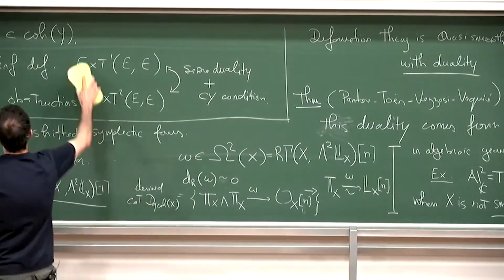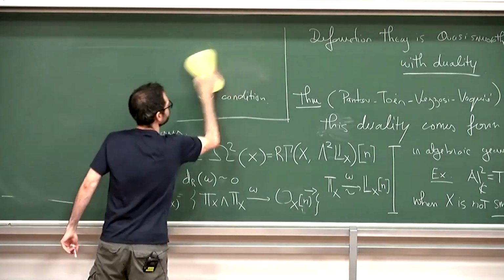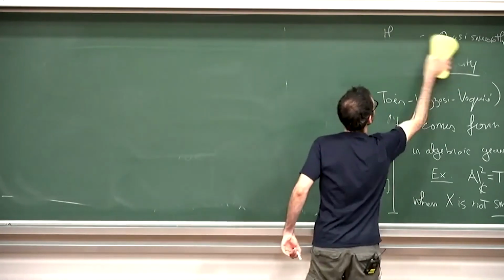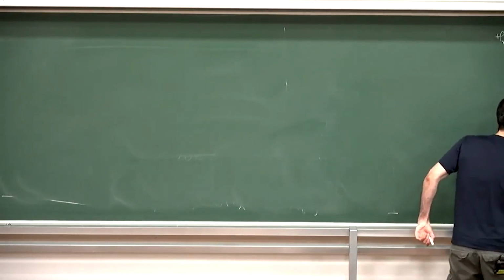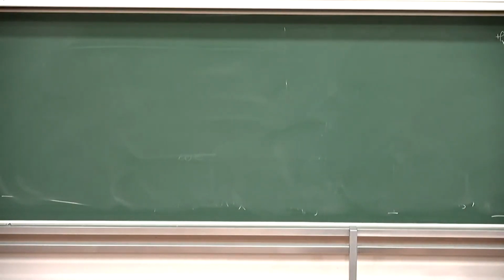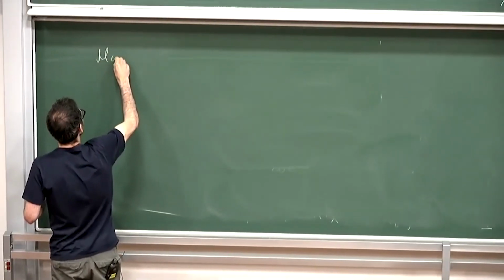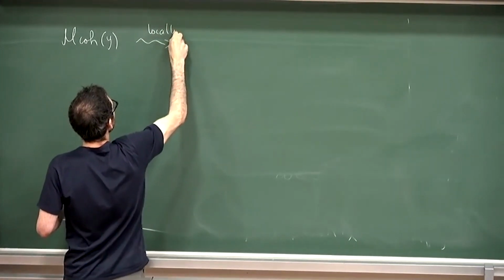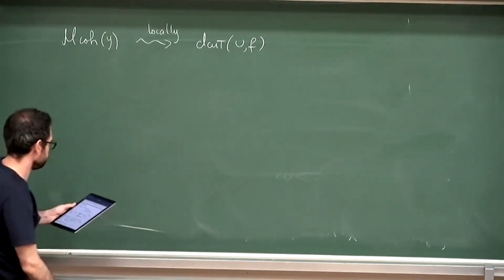Okay, so let me tell you about 3 different invariants that we might want to glue, and why. Let me repeat here, I just told you that locally we have these things.